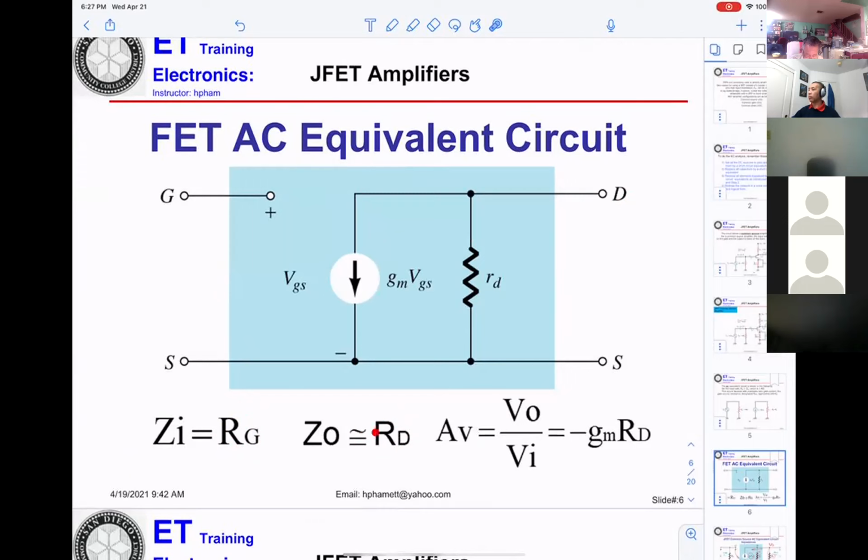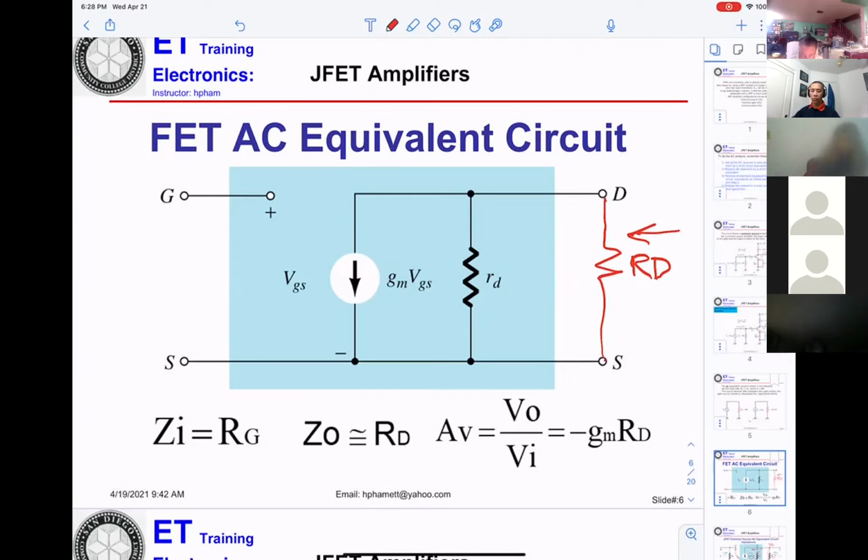Why do they say almost equal RD? The thing is they say this is bigger than RD. If you're looking at the output impedance this way, you can see small rd in parallel with big RD. But small rd is too big compared to RD.